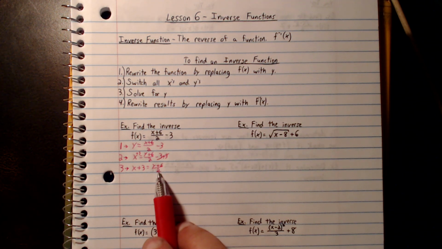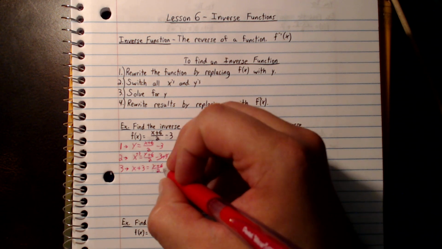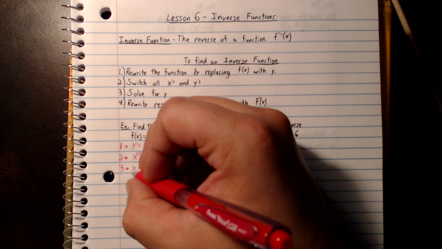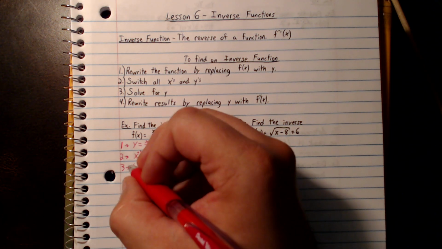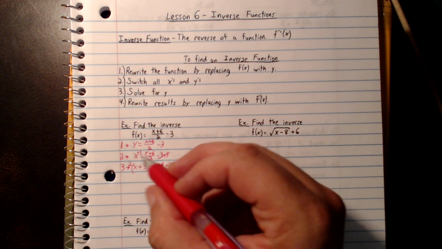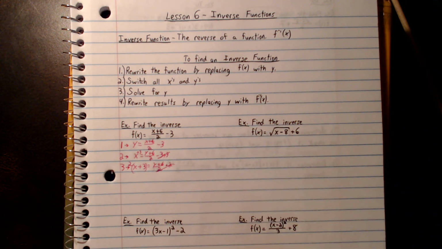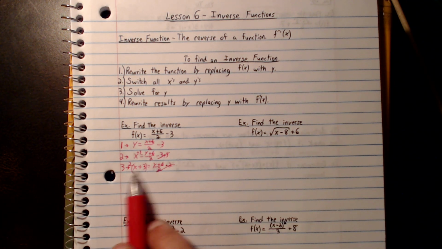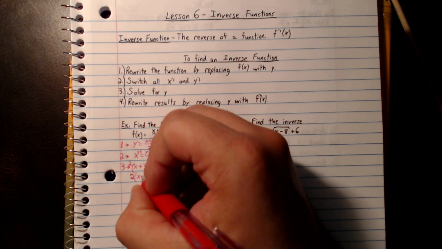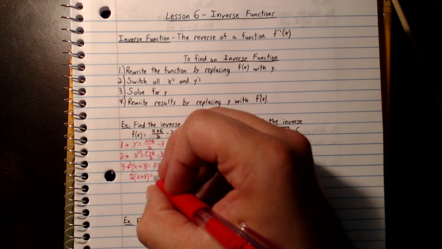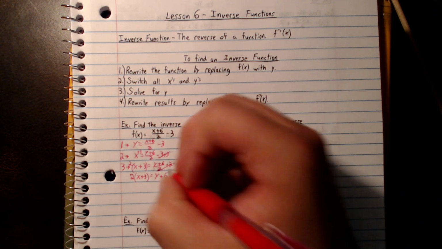Next, I have to get rid of the 2. In order to undo divided by 2, I multiply by 2. I'm going to put parentheses around the whole thing when I multiply, because I could either distribute or just leave it as is, but I want to make sure it's shown that it's multiplying the whole thing. So we get 2 times (x plus 3) equals y plus 6.